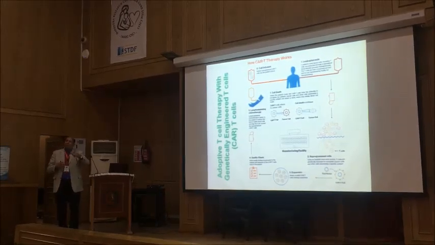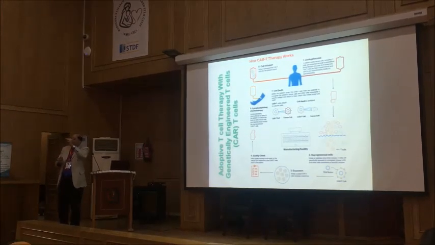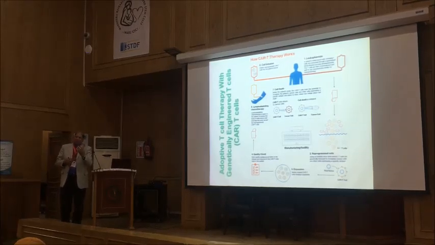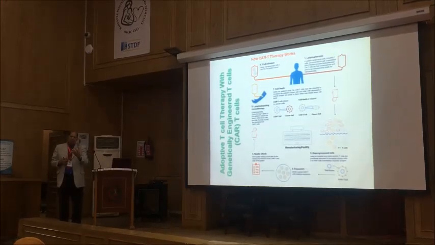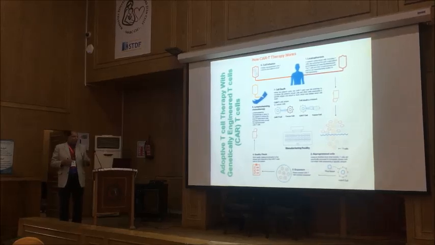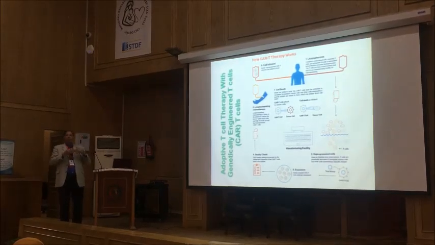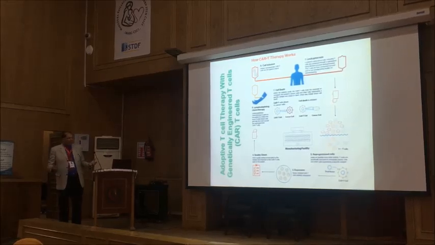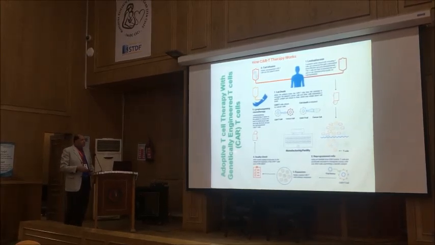TCR is the molecule in T cells which recognizes the cancer cell. So you take a very specific, very effective, very efficient TCR molecule and transfect it into any CD8 cells, naive CD8 T cells. And then grow them in vitro.